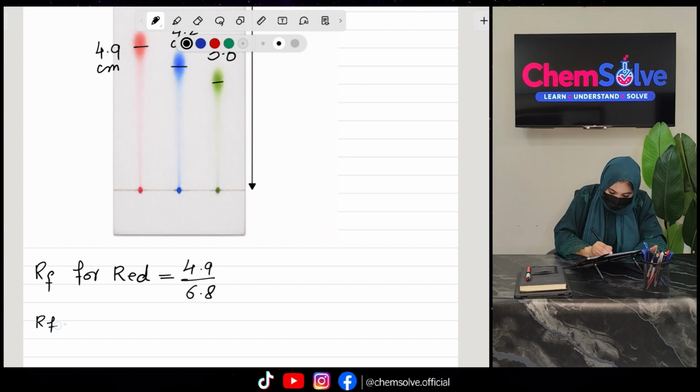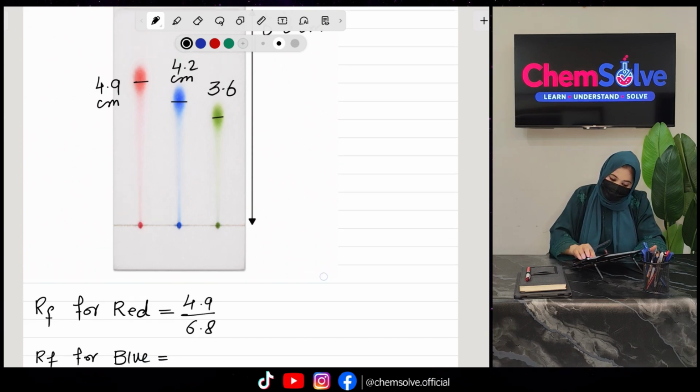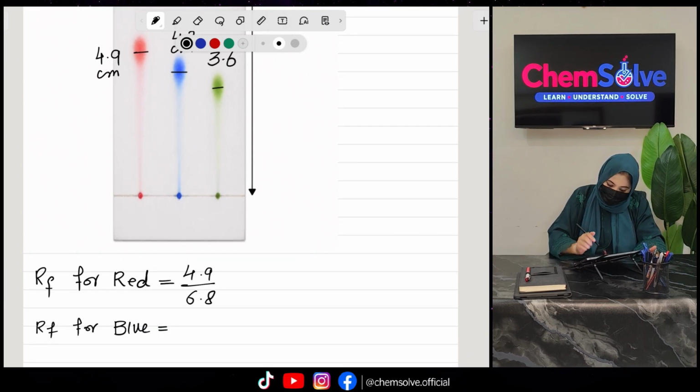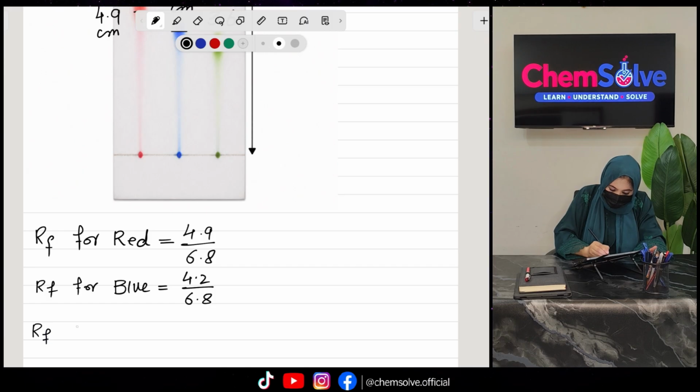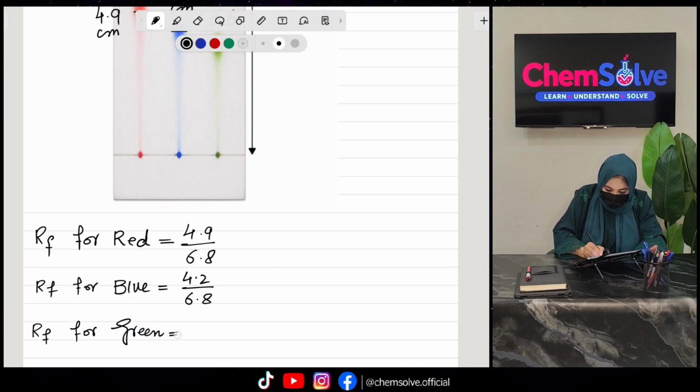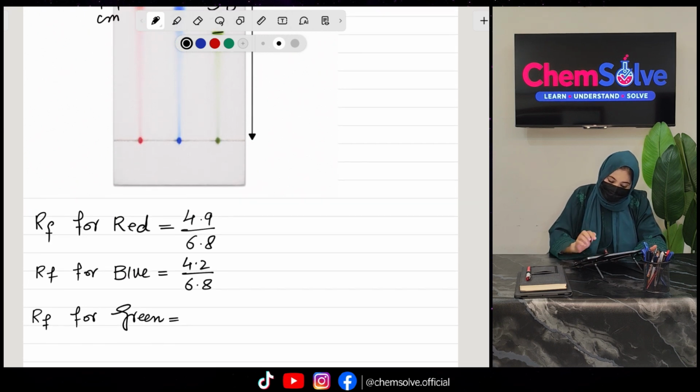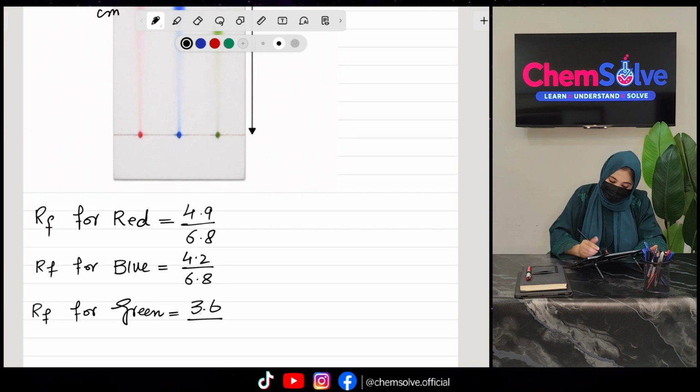I will calculate it, but let me write the values for everything. Now the RF value for blue color: distance traveled by the blue color is 4.2 and the solvent front is 6.8. Lastly, RF value for green color: distance traveled by the green color is 3.6 and the solvent front is 6.8.